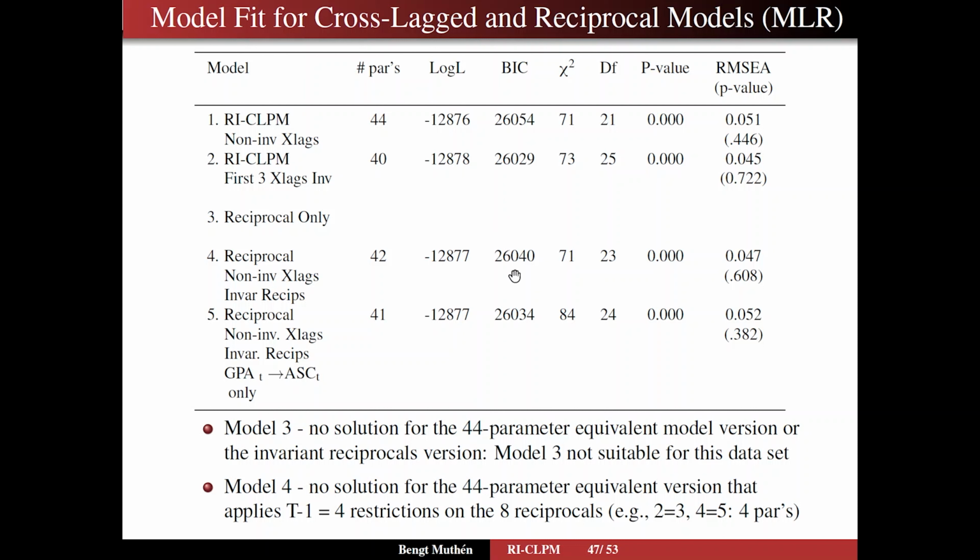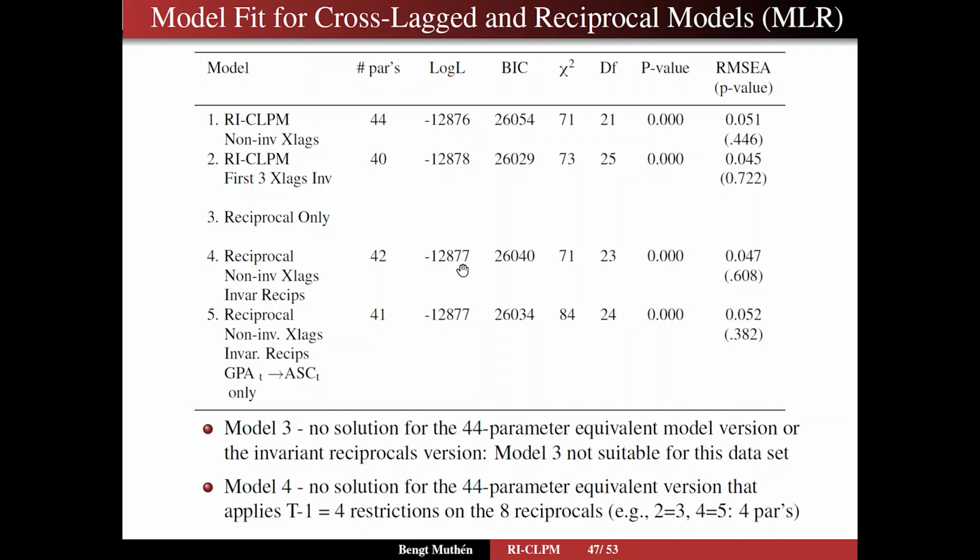However, you can have a version of model 4 where you have partly invariant crosslags, just like you do for model 2. Partly invariant crosslags here reduces the number of parameters by 4 again, just like up here, to 38. And that log likelihood value that I'm not reporting here is 12,878.